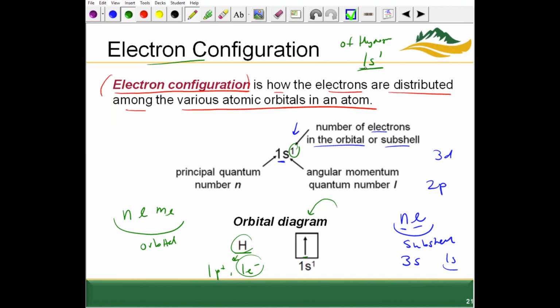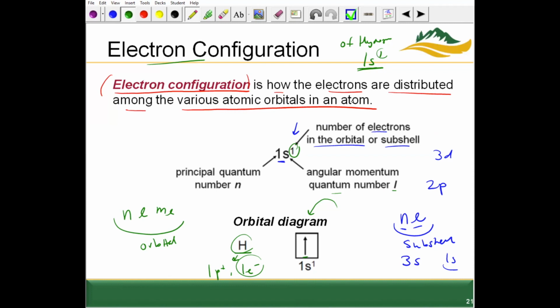The principal quantum number N, our angular momentum quantum number L, and then the exponent is how many electrons there are within that subshell or orbital. We can do this for every single element: hydrogen, oxygen, lithium, etc., barium.